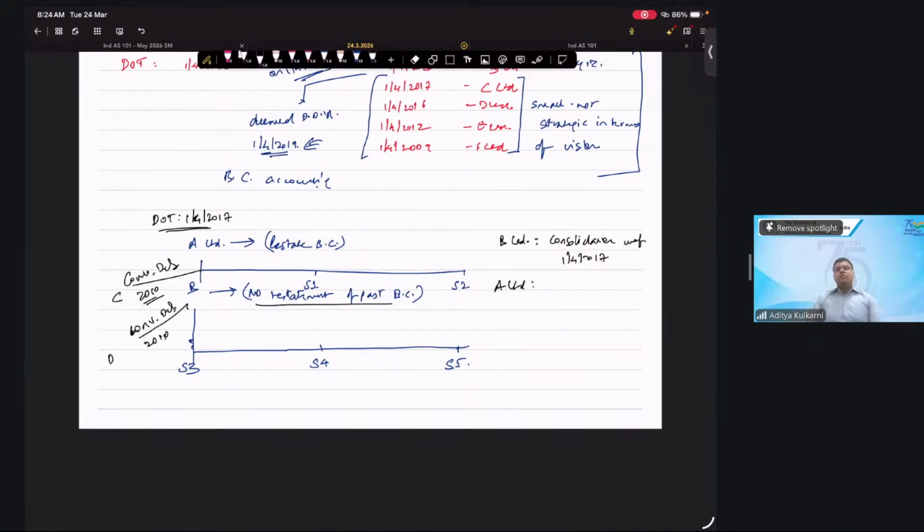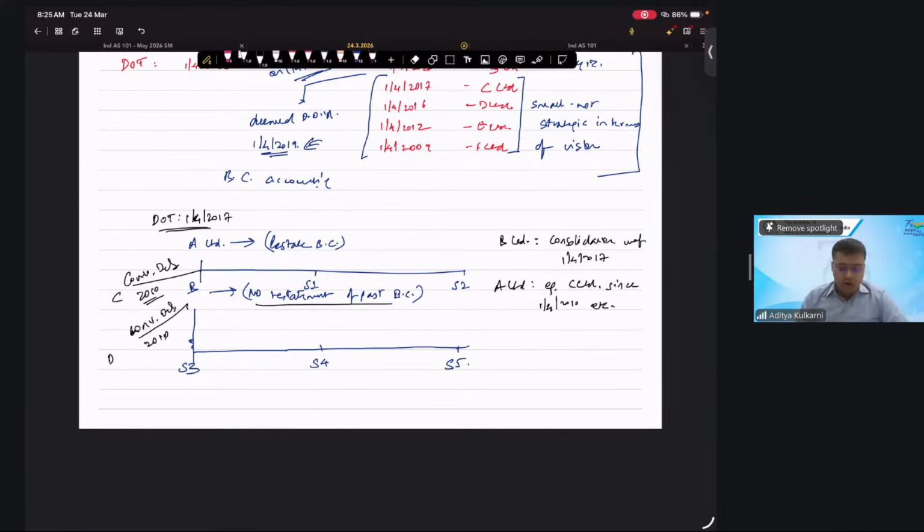A Limited. When will A Limited do the consolidation from? As and when the subsidiaries were acquired. So in this case, A has acquired C Limited since 1st April 2010. Are you able to follow?